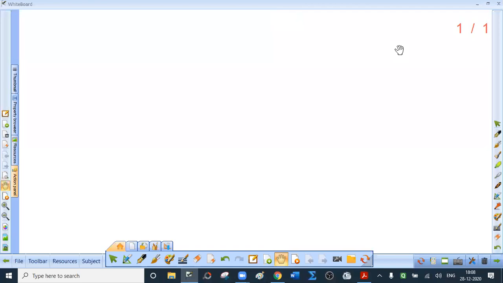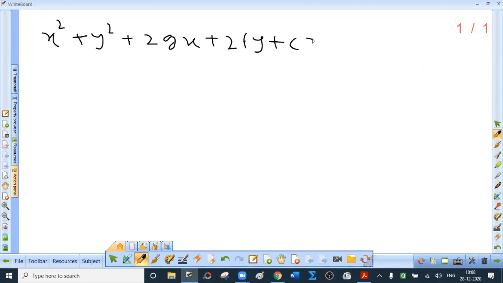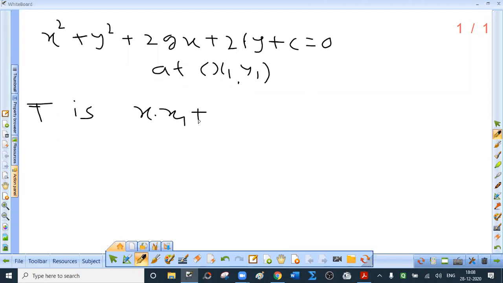Using this notation, let us find the equation of tangent to the circle x square plus y square plus 2gx plus 2fy plus c equal to 0 at a point (x1, y1) on it. We have to use T notation. Logic is simple. So what is the tangent? It is x into x1 plus y into y1. Now the next part is interesting.